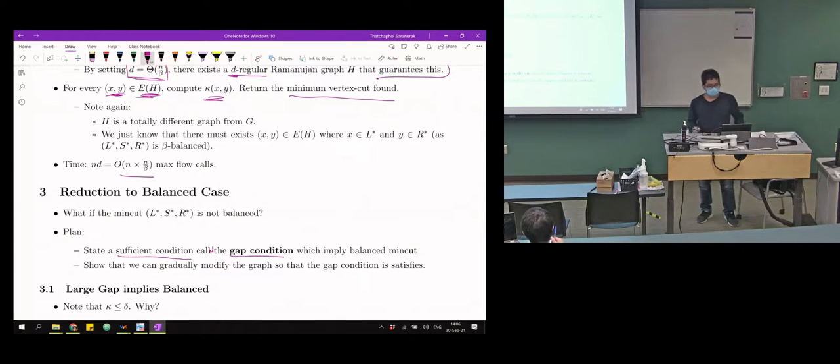Basically, we will say that if the gap is large, then there must exist a balanced min cut. That's the first thing we will show. Then we will show that given any graph, you can modify the graph somehow such that the gap becomes large. And once you have that, we just apply the argument for the balanced case.